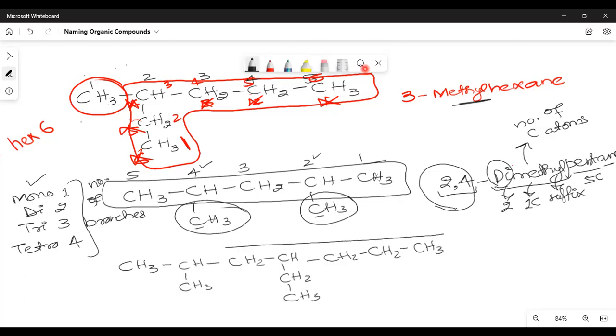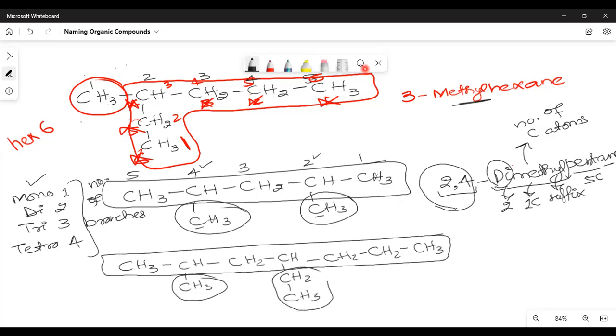I hope you understand this is the entire longest parent chain, right? This is one branch. This entire is another branch. I hope you understand we need to start naming from this side, because from this side, this branch gets the lowest possible number: 1, 2, 3, 4, 5, 6, 7.